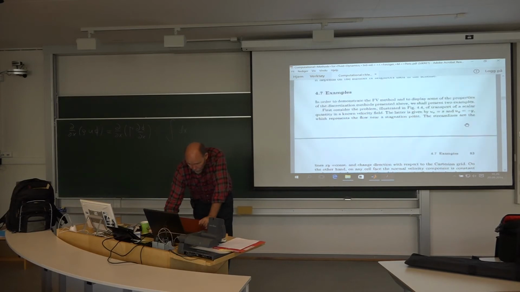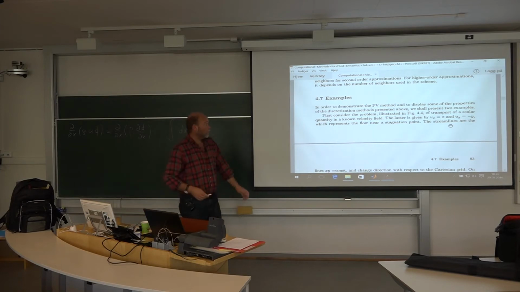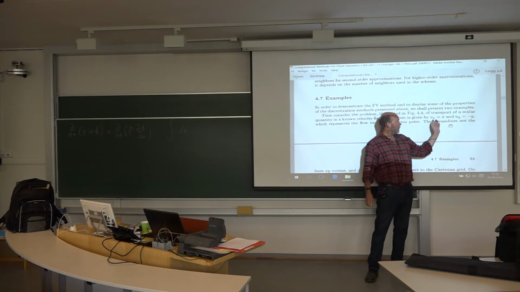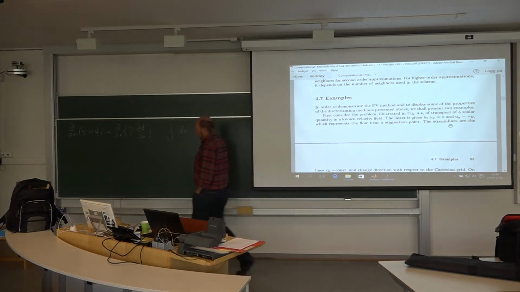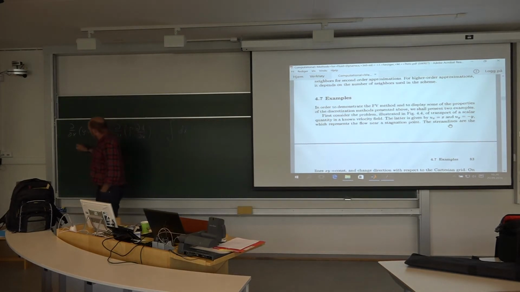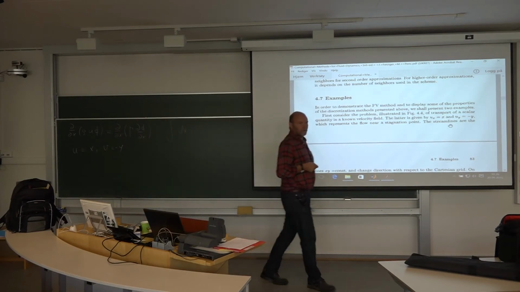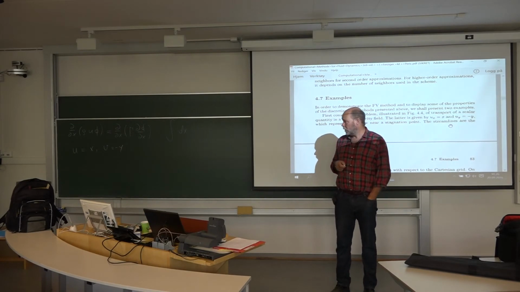For the first example, the velocity field is given. It's a 2-dimensional case. So velocity in the x direction is x, velocity in the y direction equals minus y. If you write it like this, it's a fairly classical example that you typically find in the basic course in fluid mechanics.